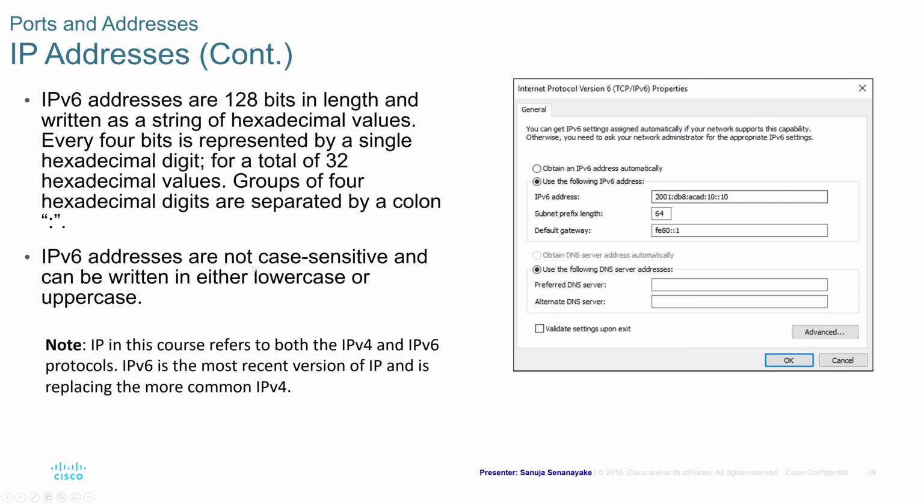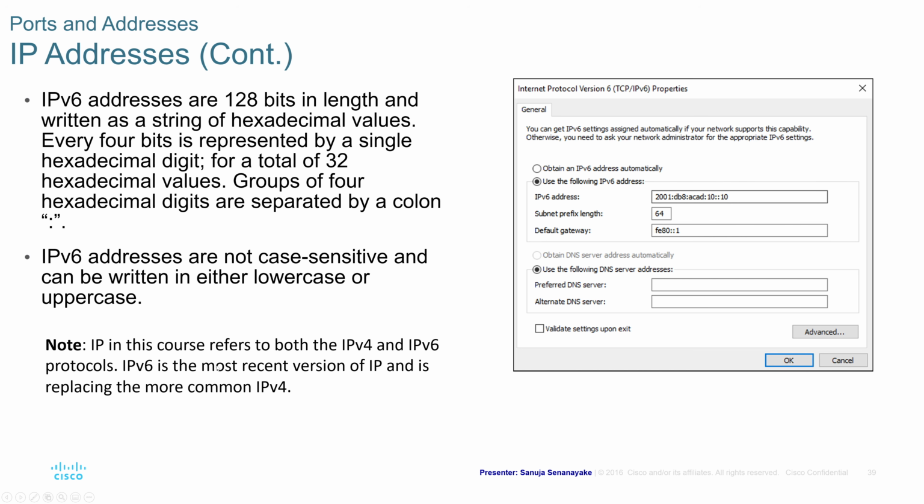IPv6 addresses are not case sensitive and can be written in either lowercase or uppercase when there are letters involved. Remember, IPv4 doesn't have letters, IPv6 does. So it has to do with the fact that it is 128 bits. You just need to remember the hexadecimal and how it works. I will explain that later in a different video.